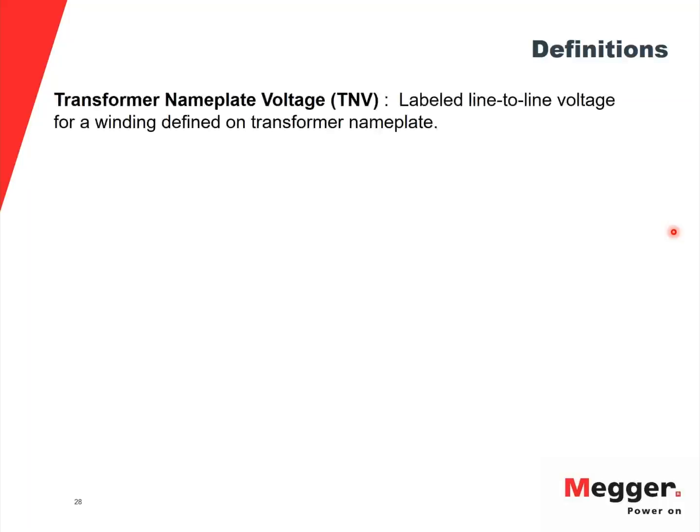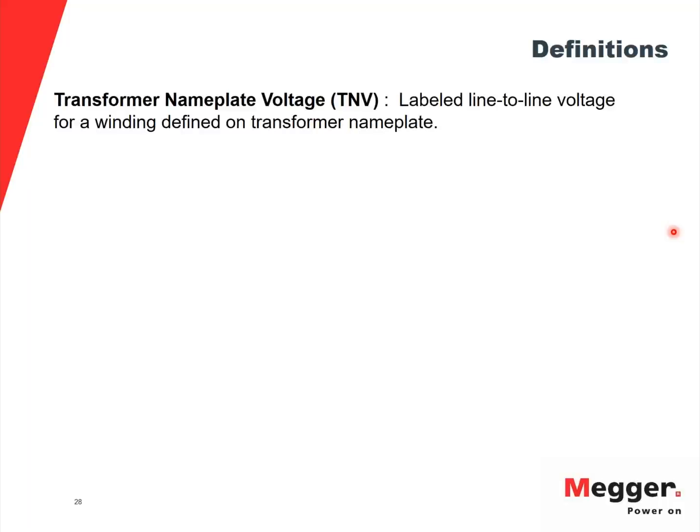So let's talk about some of the different definitions you might run into, because that is good to know, because you would be using those terms when you're going to perform the turns ratio test. The first one is the transformer nameplate voltage. It's the line-to-line voltage that is defined on the transformer nameplate.